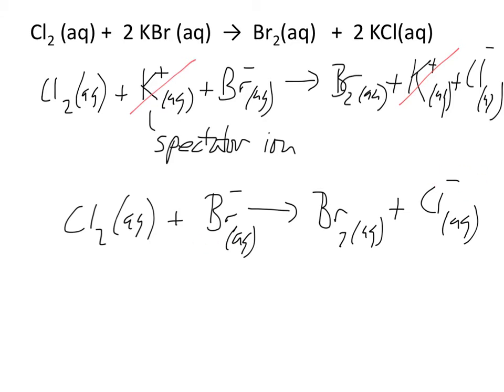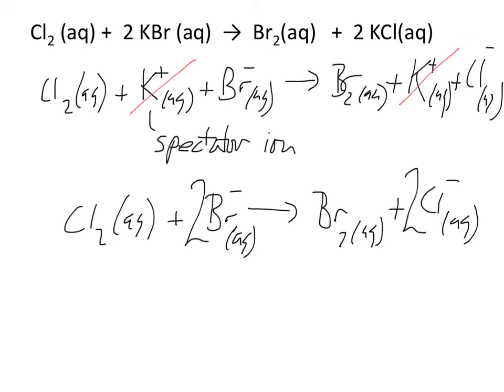We've got one bromine over here and two bromines over here. So what we need to do is put a big 2 there and put a big 2 there. So this equation is just a bit more informative. What it's saying is that the chlorine reacts with the bromide to produce bromine and chloride.